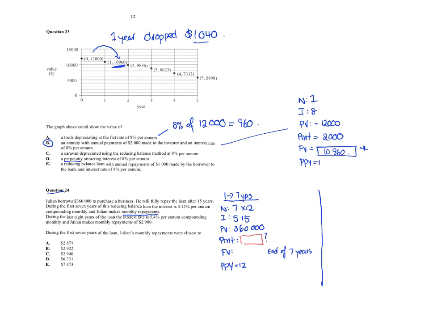Okay, so that means we need to find this. So we can use the next part of the scenario. So it says during the last 8 years, we can go, all right. So we're going to do the last 8 years. So this is the last 8 years scenario.